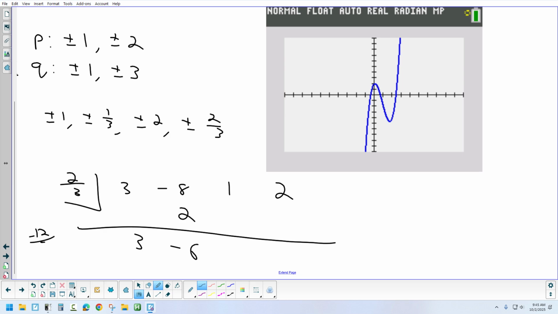And -12/3 is -4. Add that up, I'm going to get -3. 2/3 times -3 gives me -2. Add that up, and I get 0. Okay, so we've confirmed 2/3 is a root.